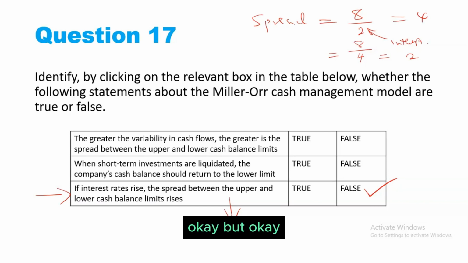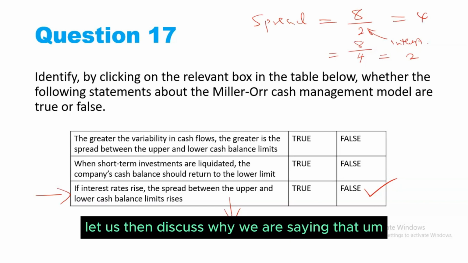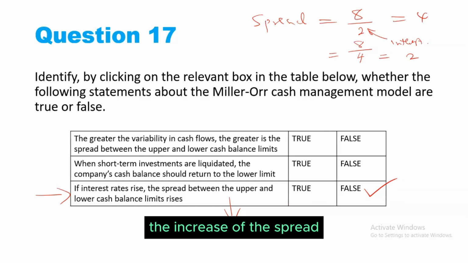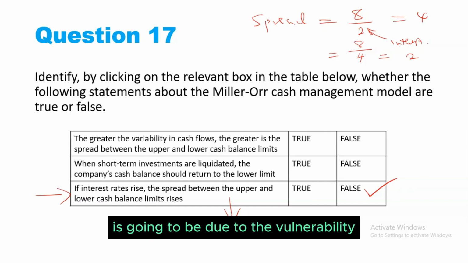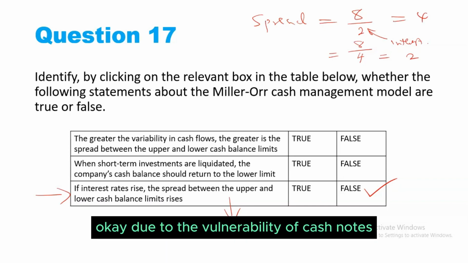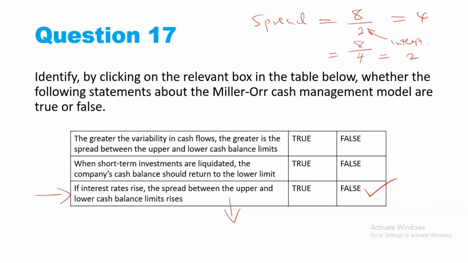But let us then discuss why we are saying that the spread will fall. The increase of the spread is going to be due to the variability of cash flows.